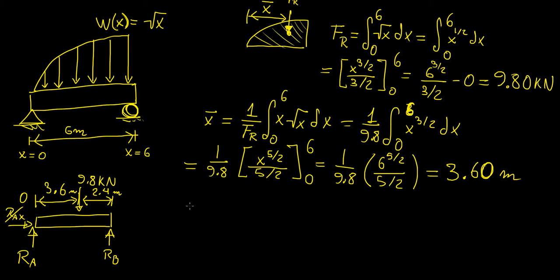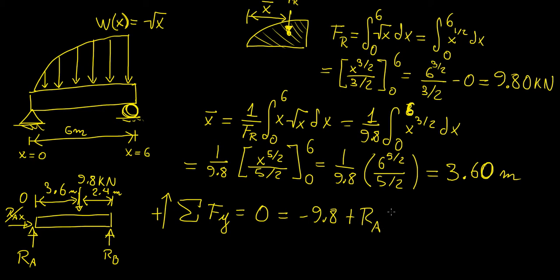Now we take the sum of the forces in the y direction, which is equal to 0. So that's minus 9.8 plus RA plus RB, which means RA plus RB is equal to 9.8. Then we take the sum of the moments about A equal to 0.